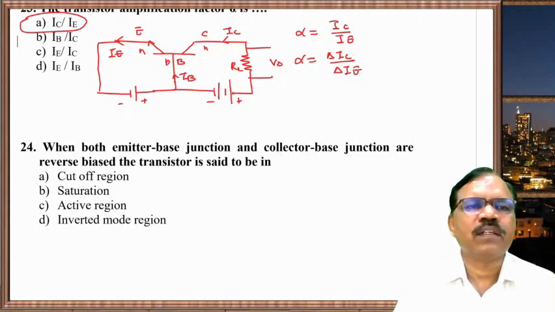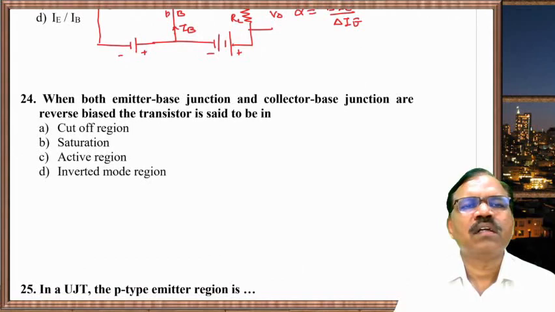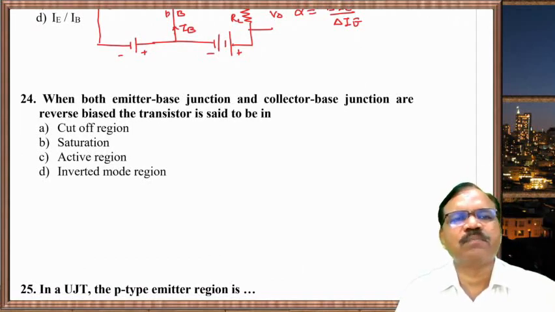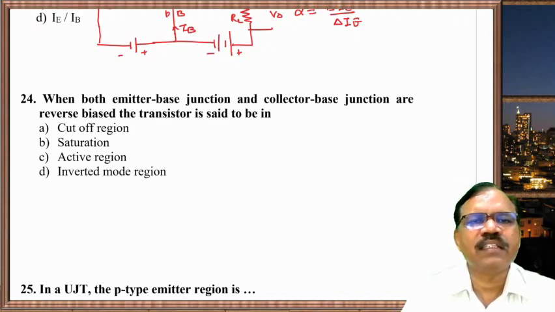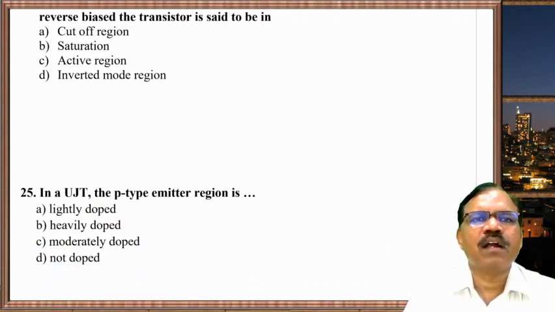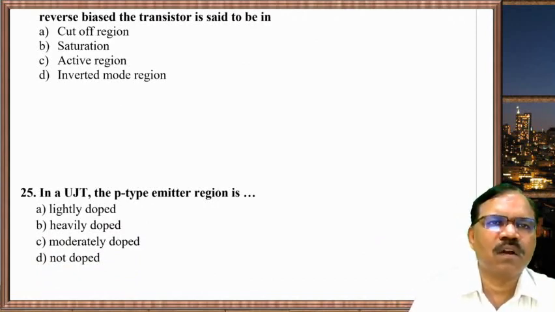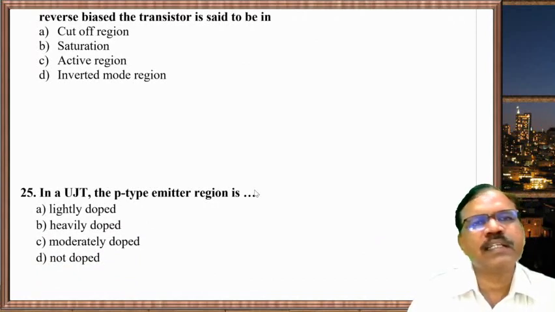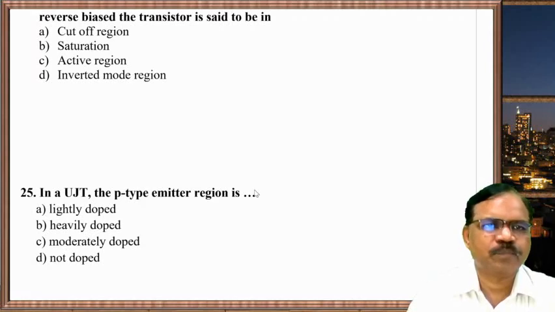Now next one, when both the emitter-base junction and collector-base junction are reverse biased, the transistor is said to be in? Here we are interested in the output characteristic.